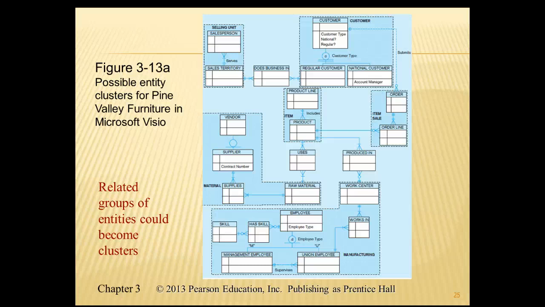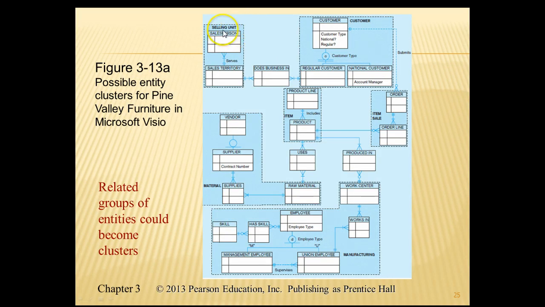Now the text indicates, of course, that as we develop a fairly large system, it can get rather complex pretty quickly, and it's difficult to capture everything on one piece of paper. So we take efforts to cluster some of these entities into associated groups, and we'll see how that works.